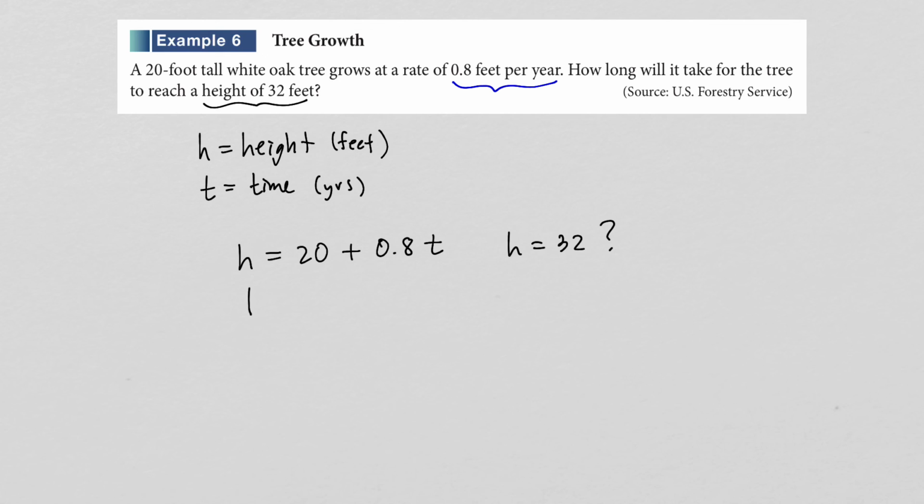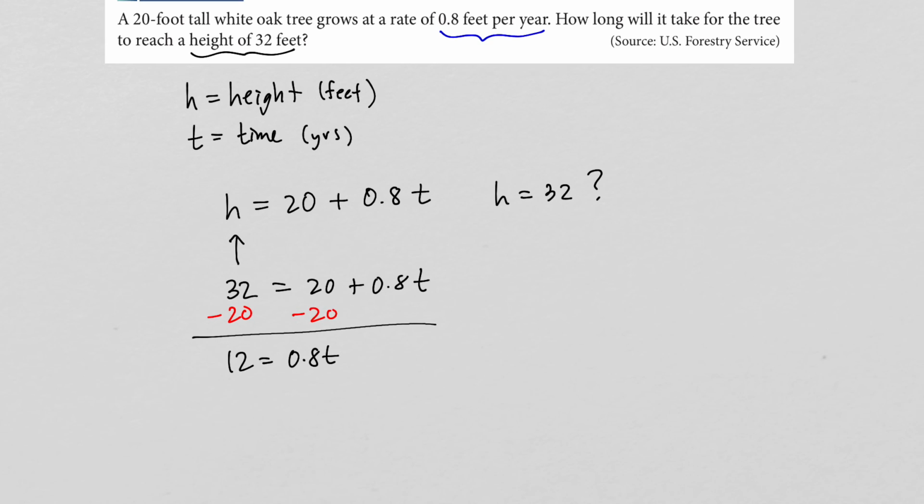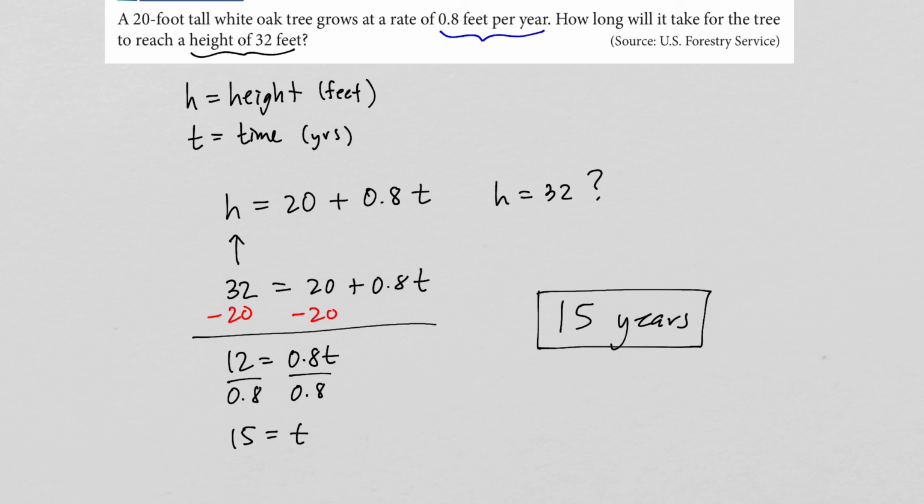So what we're going to do is substitute 32 in for h, and that gives us 20 plus 0.8 times t. Now if I subtract 20 from both sides, we end up getting 12 is equal to 0.8 t. And finally, if we divide both sides by 0.8, we get 15. So it will take 15 years for this oak tree, which is currently 20 feet tall, to reach a height of 32 feet.